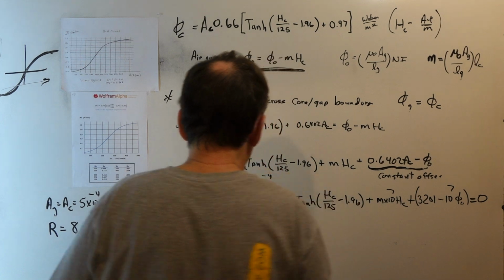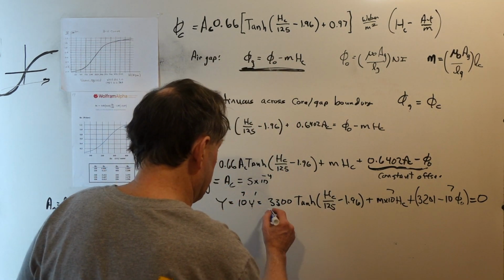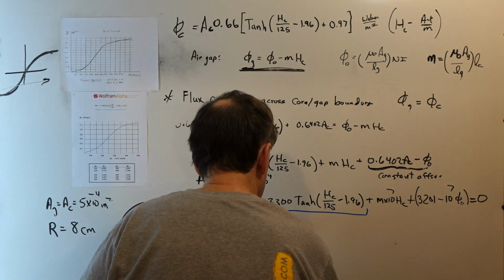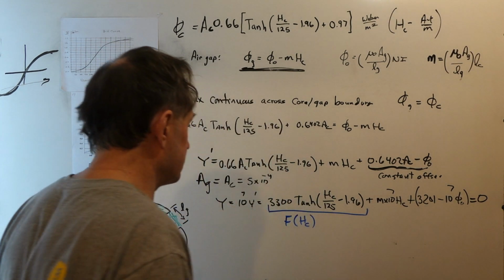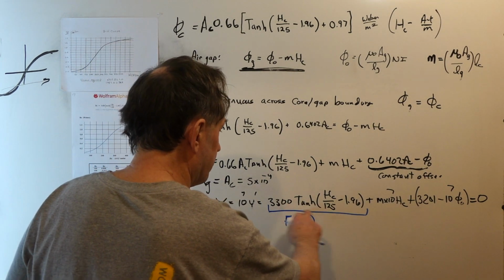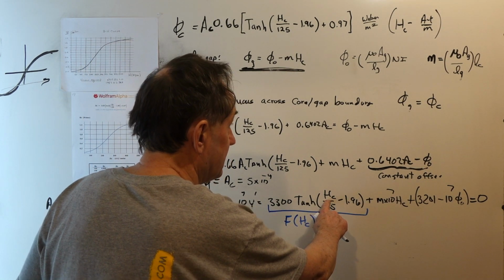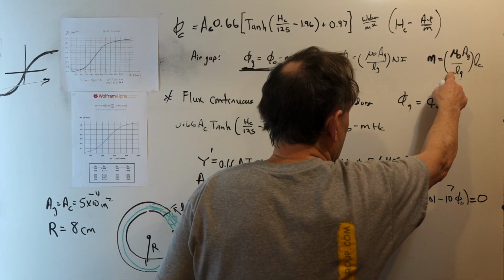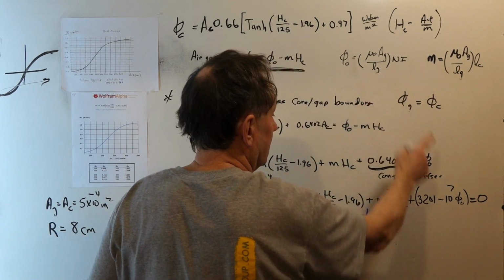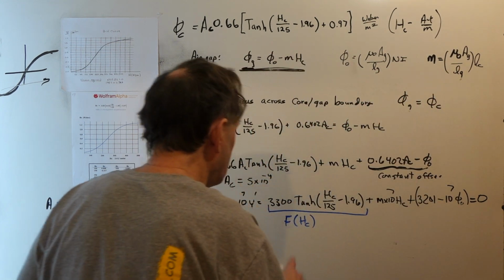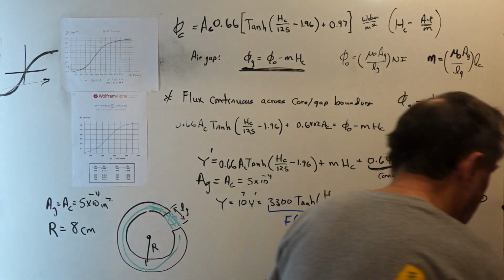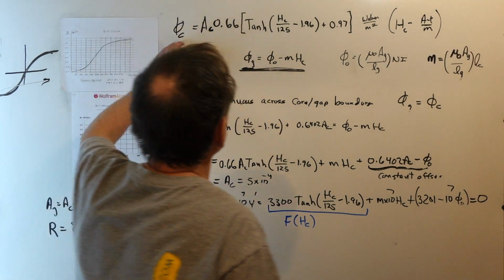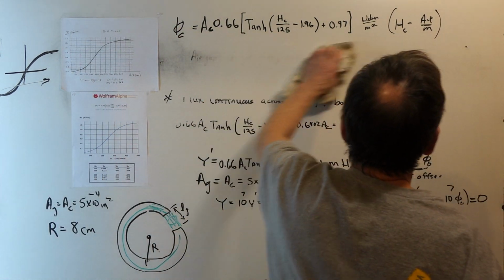Now what I'm going to do is we have Y equal to this. I'm going to call this a function f of Hc to make it simpler, because this is only a function of Hc and not the gap length. The gap length appears in the m here and in phi 0, but not in here. So I can write this now as the following equation.